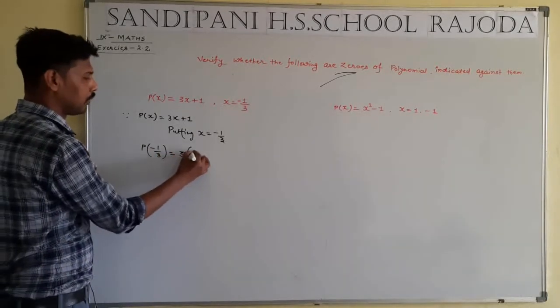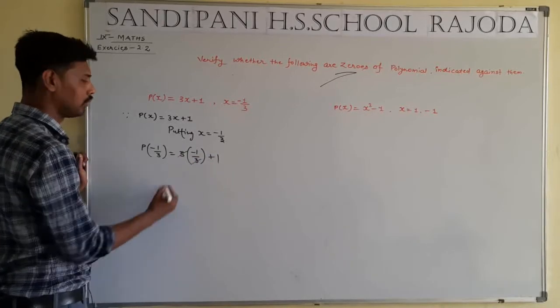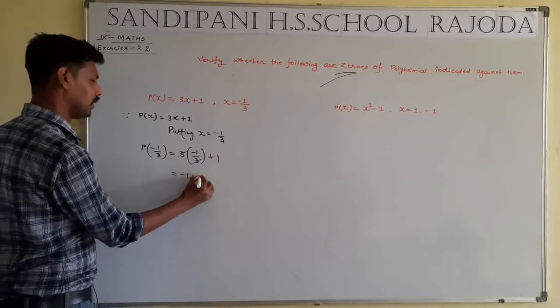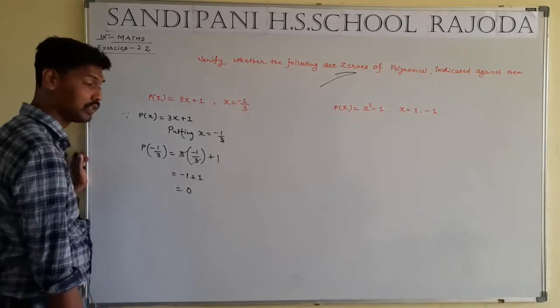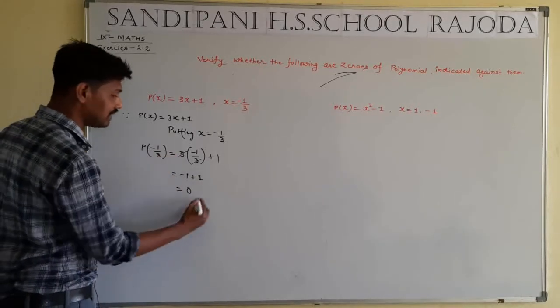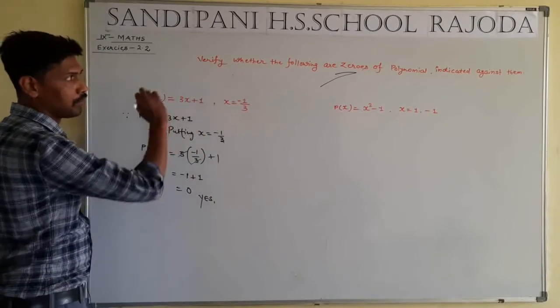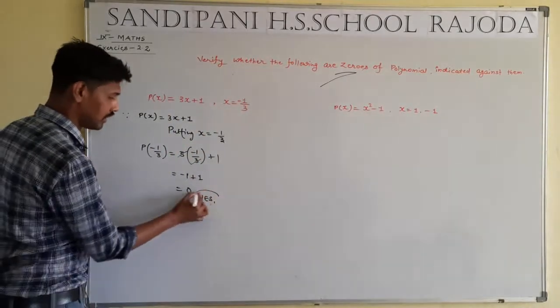In the place of x we put minus 1 by 3, then 3 will be cancelled out from the 3, minus 1 plus 1 equal to 0. So the remainder will be equal to 0, that means yes, it is a zero of the function. The answer will be yes.